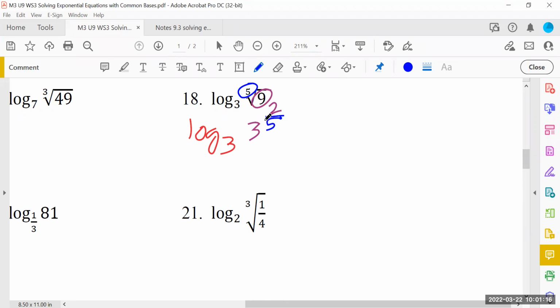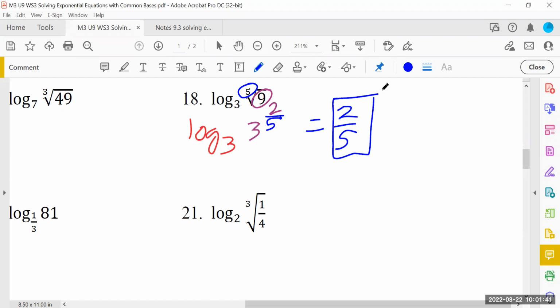So I can rewrite that 9 inside of the fifth root as 3 to the 2/5 power. These two match, log base 3 of 3. And again, everybody, this is a nice connection for where I'm picking up today. So are we good here? That if these match, log base 3 of 3 to the 2/5 power, that 2/5 power is my answer.